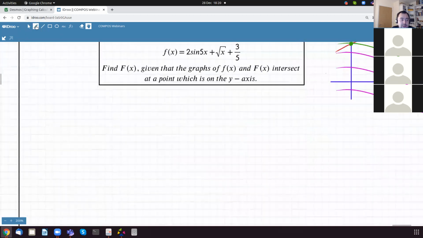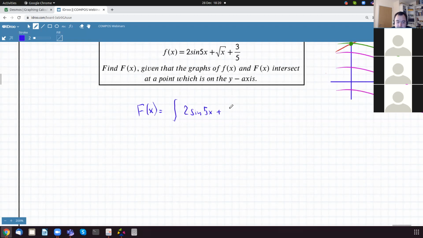Okay, so what do we need? We need to find the primitive function. So F of x is the integral of 2 sine 5x plus square root of x, which is x to the power half, plus 3/5 dx.